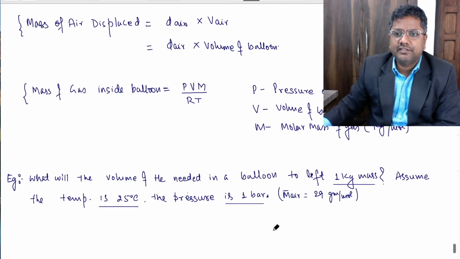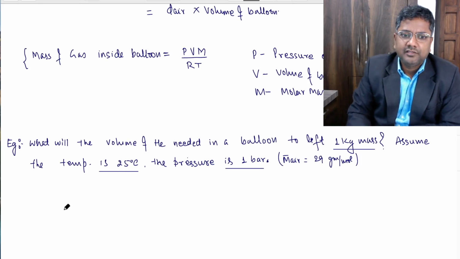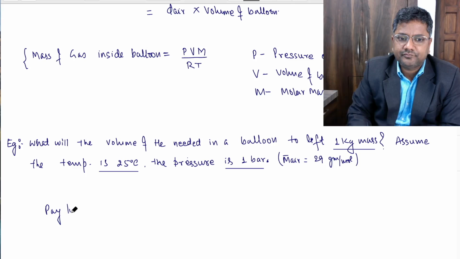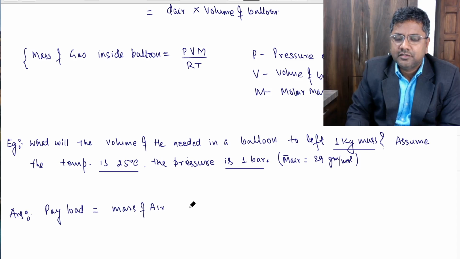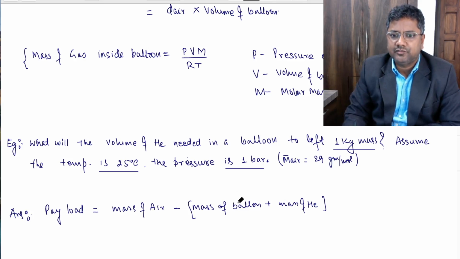So see how to proceed. Payload is given here as 1 kilogram. So payload is equal to mass of air displaced minus mass of balloon plus mass of helium. The mass of balloon is not given in this question, so you can take it as 0.